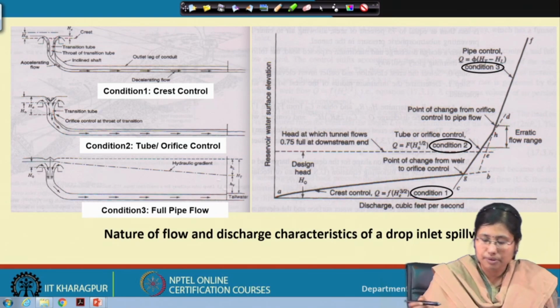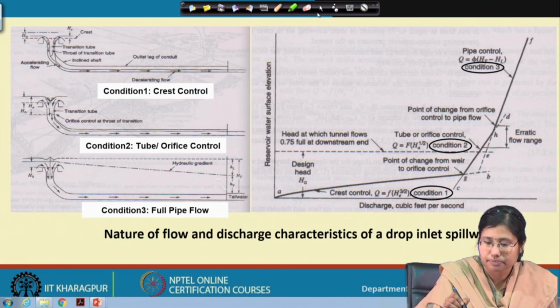So, these are some of the basic discharge characteristics.